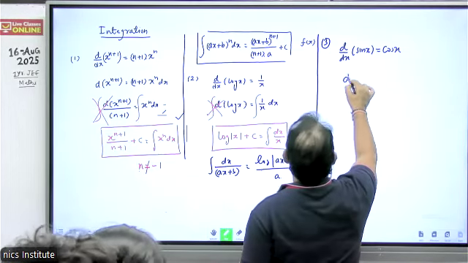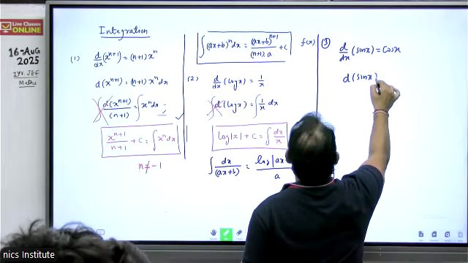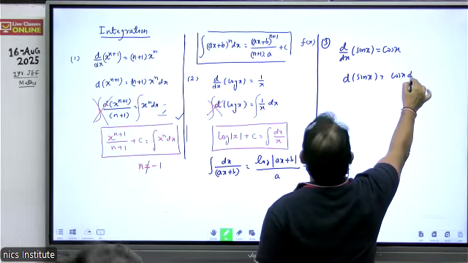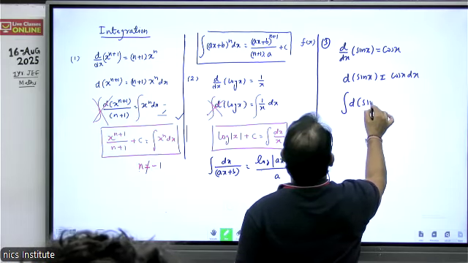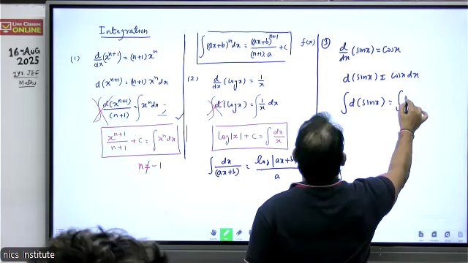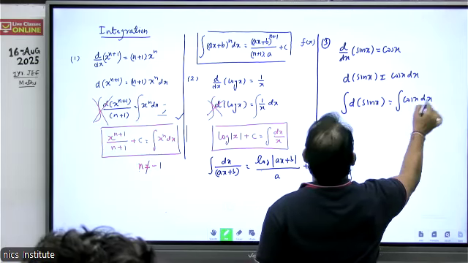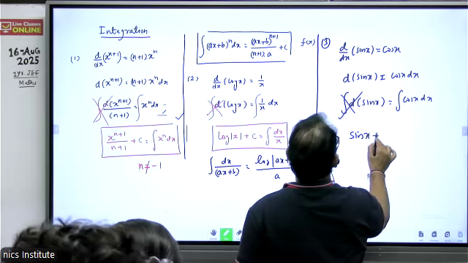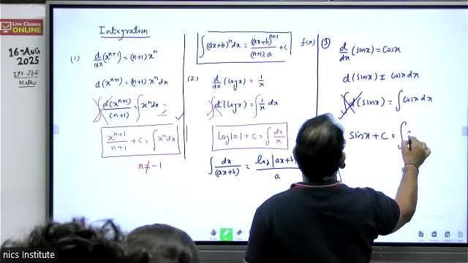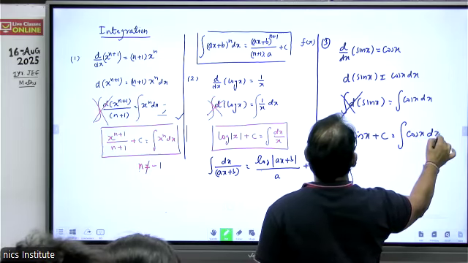Get dx to the other side. Cos x dx. Integrating both the sides. Cos x dx. Differentiation integration कट जाएगा. साइन एक्स प्लस सी.